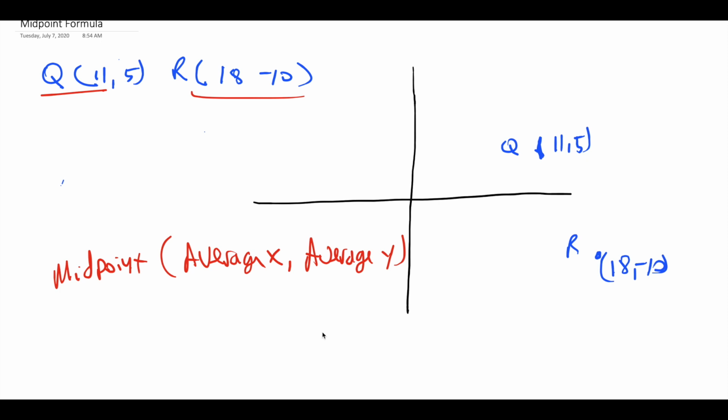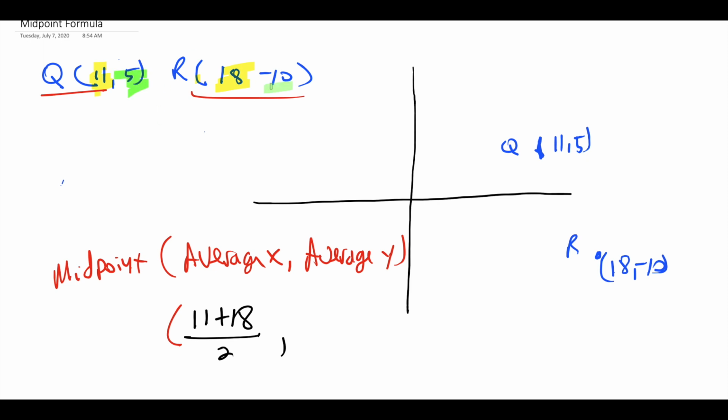All right, so how do you figure out the average x? Okay, we'll do it from up here. Look at the x values, which are what? 11 and 18, all right. And what do we do from there? 11 plus 18, then divide by 2. Comma, now what do we do?